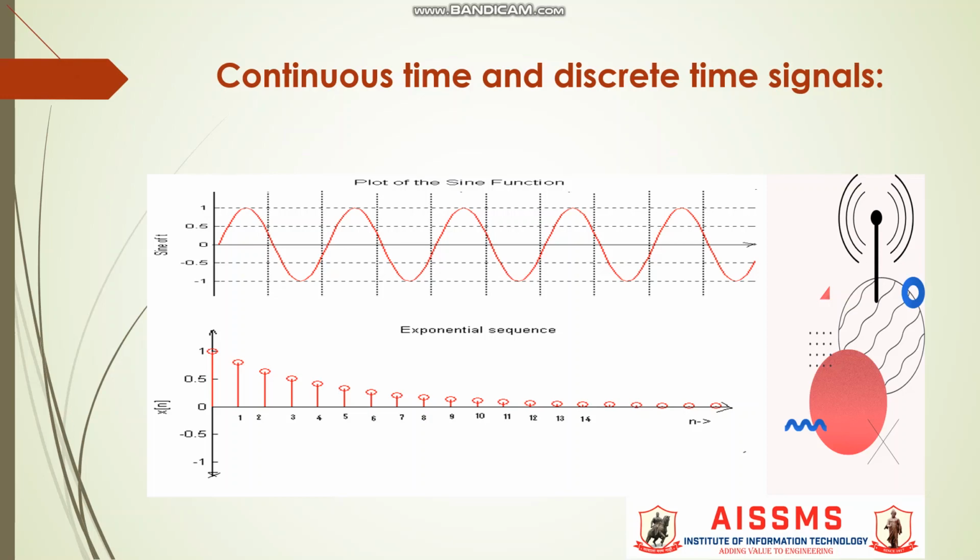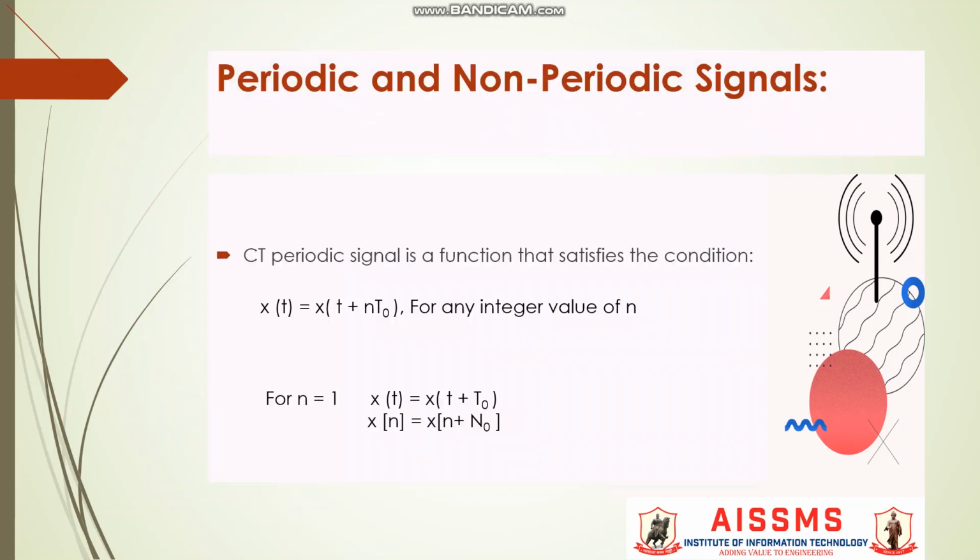DT signals can be specified by a discrete set of values. We move on to the next classification of signals as periodic and non-periodic signals. This type of classification applies for both types of signal, that is CT and DT.